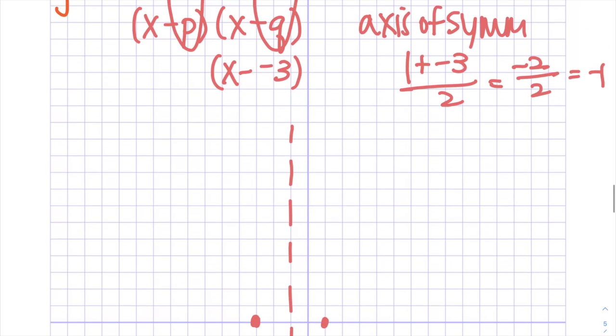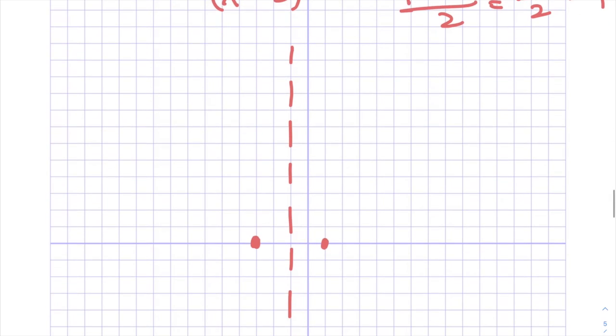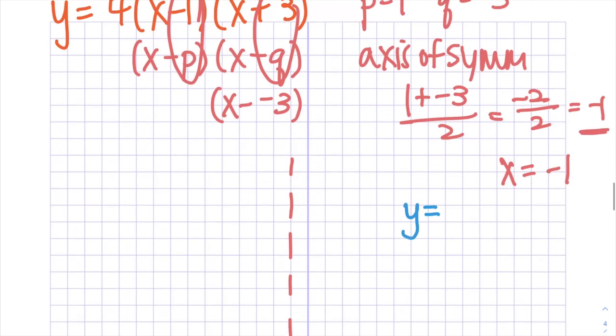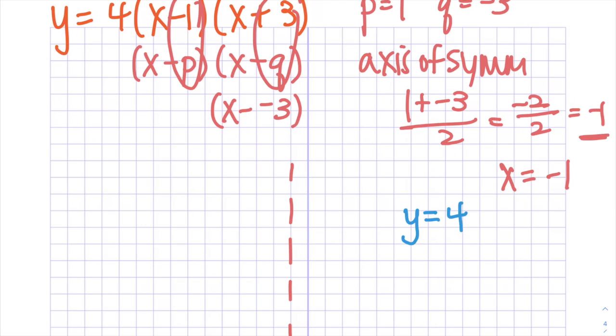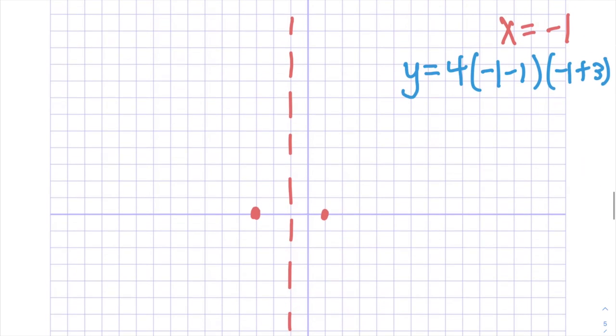Now, we know that our vertex is somewhere on here, but we need to figure out where. So remember, negative 1 is what x is equal to. x equals negative 1. So to find the y-coordinate that goes with it, we simply substitute negative 1 into our equation. So we have 4 times negative 1 minus 1 times negative 1 plus 3.